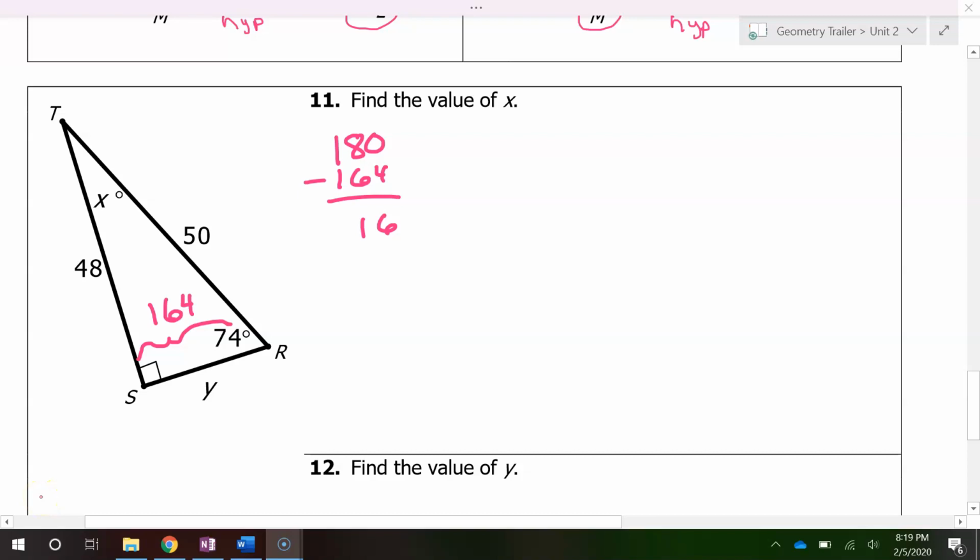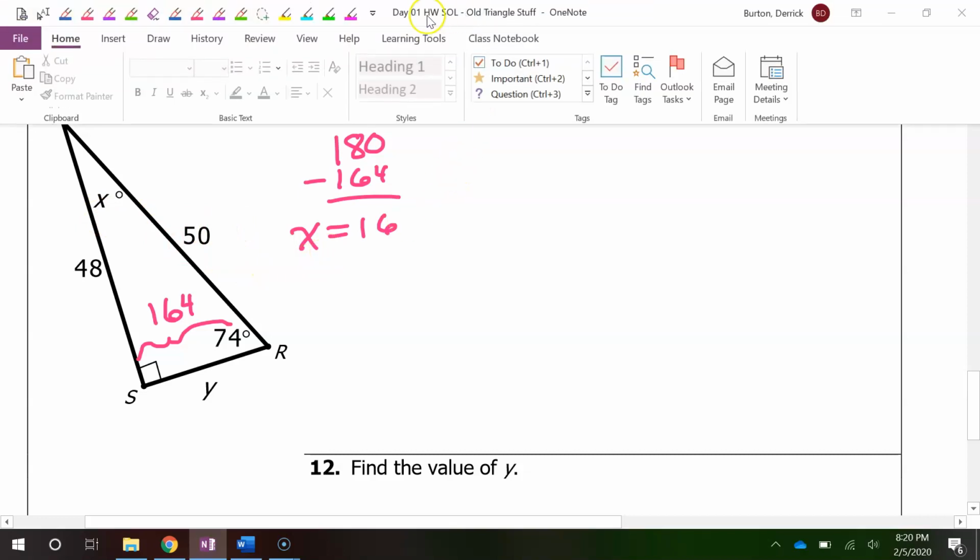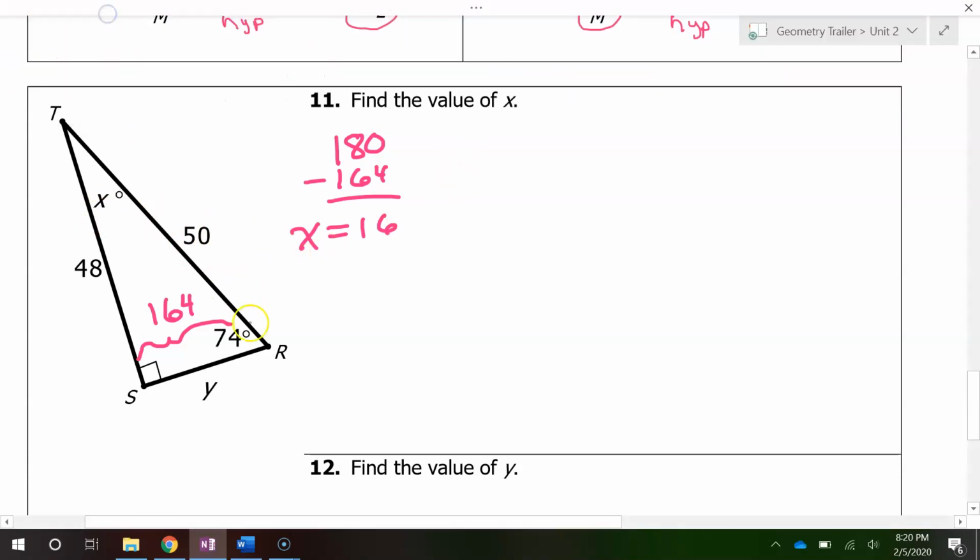So we just found that x is equal to 16. So x is 16, but we're not done. We still have to find y. Now y is one of the sides of the triangle.